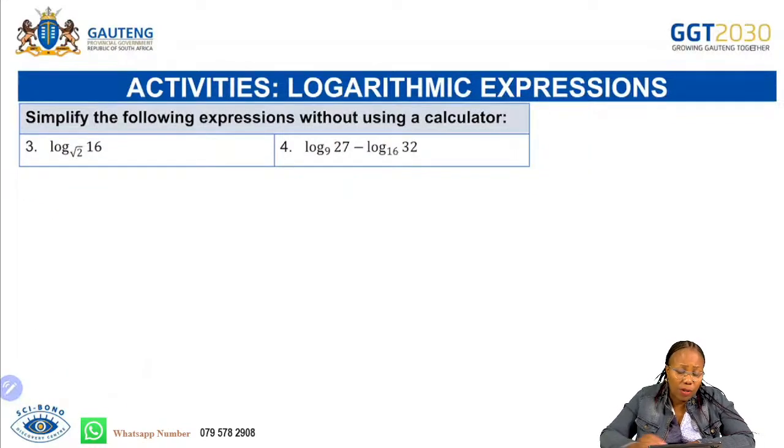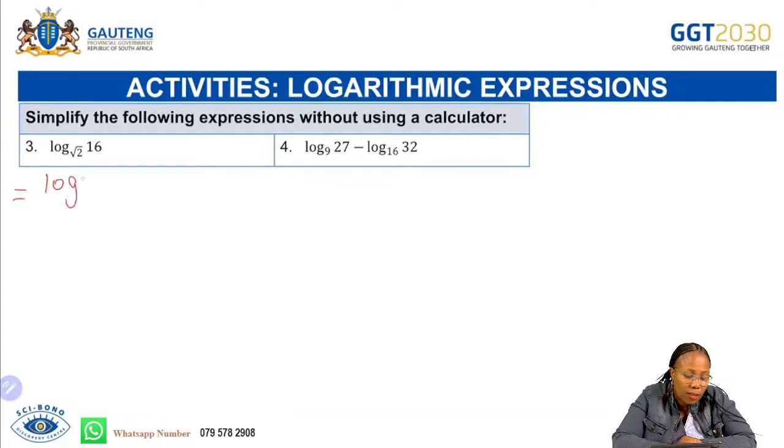And then now we have logarithm expressions activity. And then now let's look at this one, grade 12. We are expected to have a log of 16 over the log of square root 2. And then now simplifying this further, 16 is 4 squared, or with base 2, it will be 2 to the power 4.